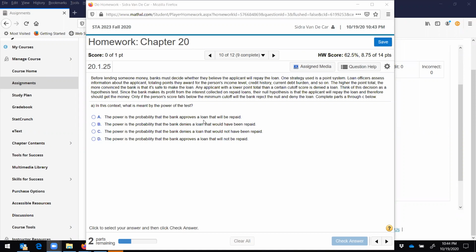Okay, we said the null hypothesis was that we give a loan. The alternative hypothesis is that we reject the loan. So this is the probability that the bank denies a loan that would not have been repaid.